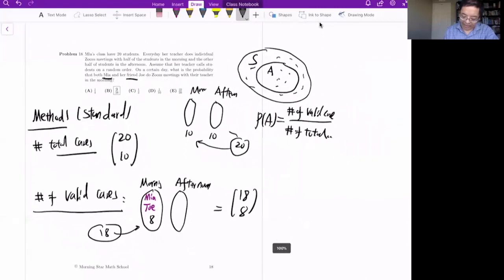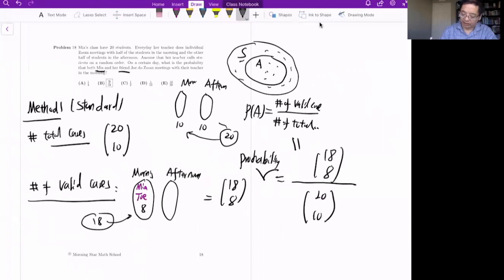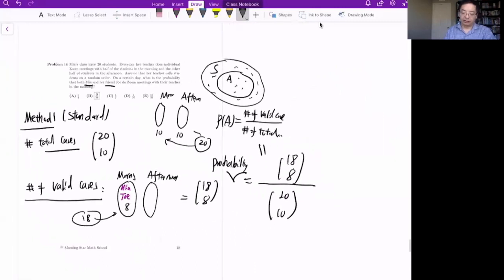Now what's left is just the fraction. You apply the formula, so the probability of the scenario equals 18 choose 8 over the total 20 choose 10. Now the question is, how should you simplify this? Let's recall the combinatorial. For n choose k, what is the formula?